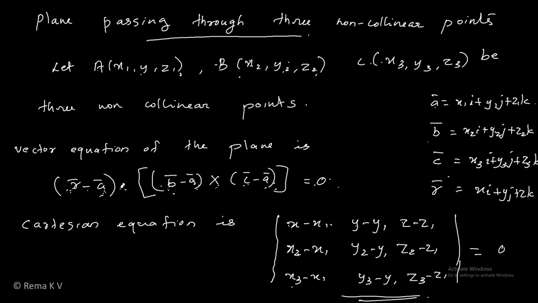So if the points are collinear, there are infinitely many planes passing through the points. Collinear means all the 3 points are lying on a line.